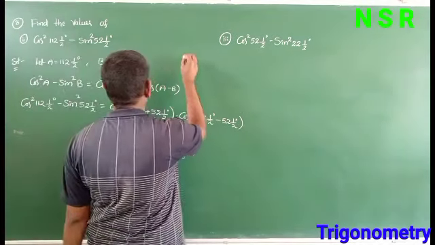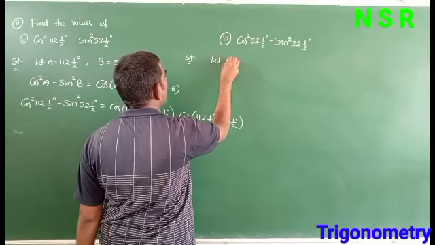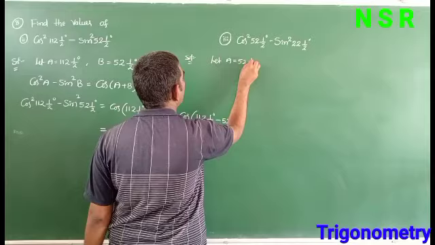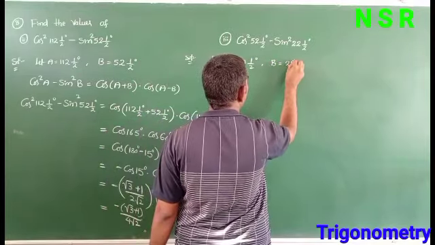Now the third one. Let A equal to 52 and half and B equal to 22 and half.